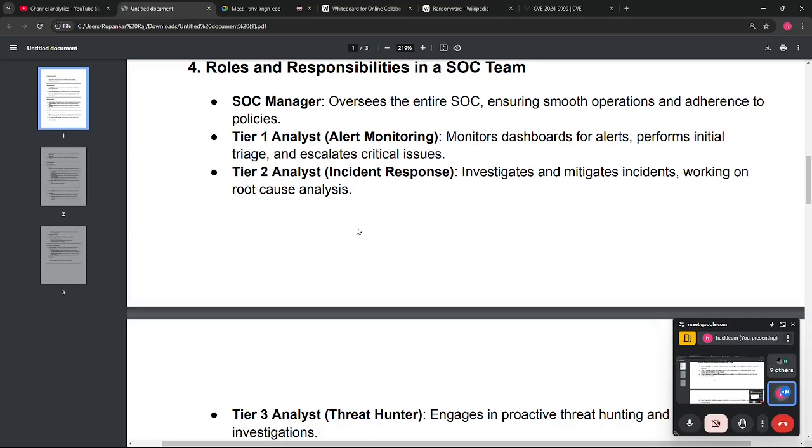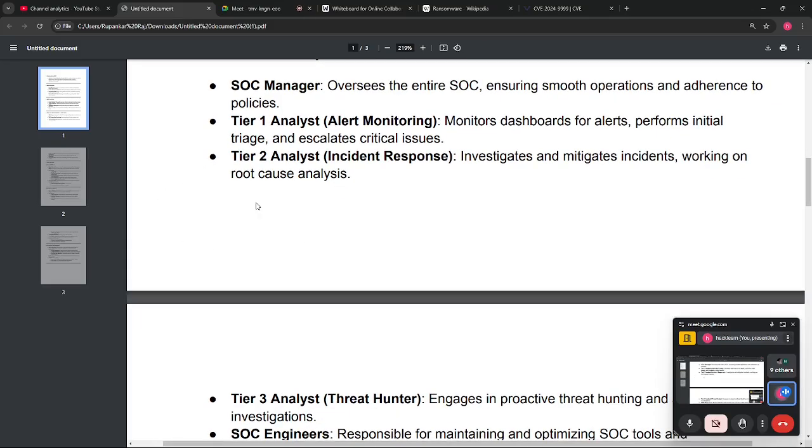And tier two analysts specialize in responding to any confirmed security incident, and they focus on very detailed investigation and root cause analysis to prevent recurrence. So this comes under the SOC team also.